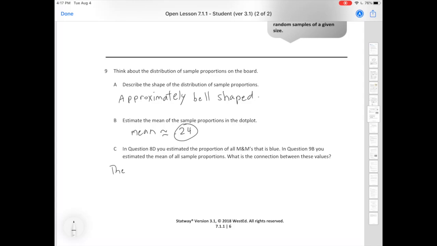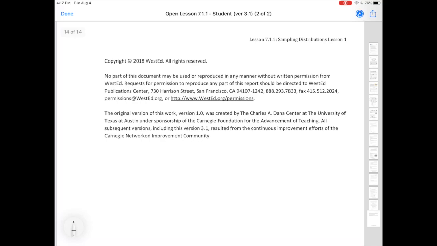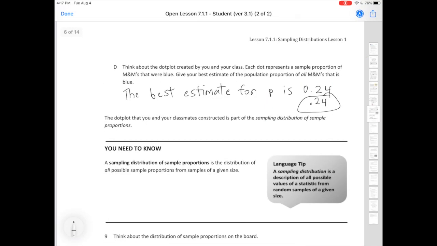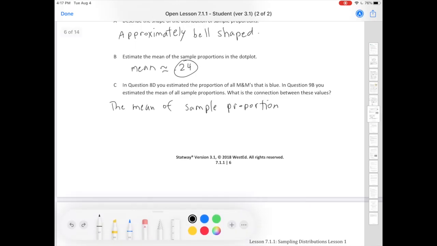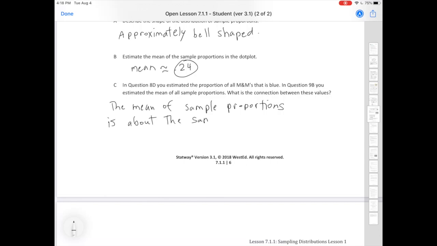So let's write that down. The mean of sample proportions is about the same as the population proportion.